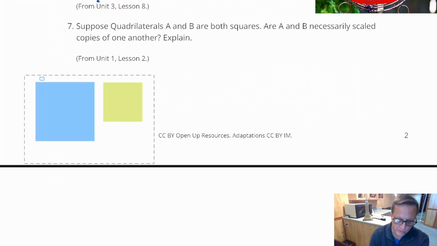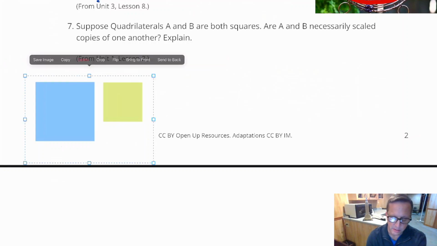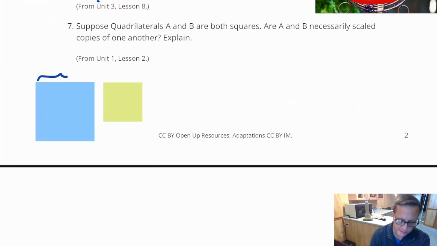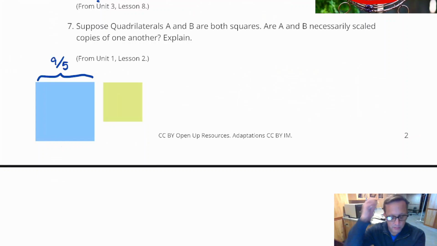Let's say this is, I'm going to pick a kind of terrible number here, but let's say this is 9/5, okay, which is 1 4/5. And let's say this one right here is, how about 5/8?